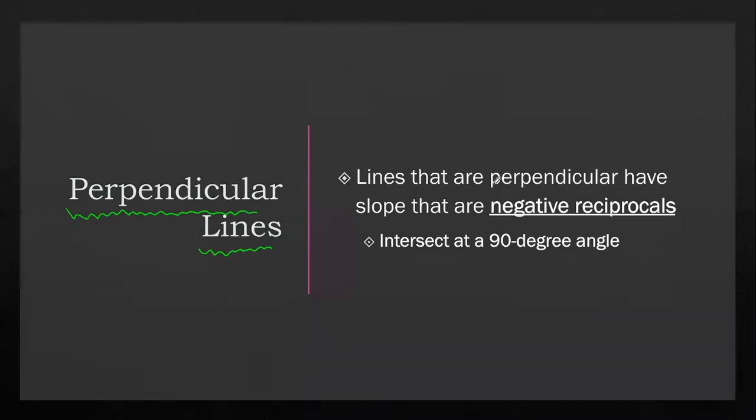Perpendicular lines have slopes that are negative reciprocals. They intersect at a 90-degree angle. You really don't need to write that down. The big thing is perpendicular lines have slopes that are negative reciprocals.